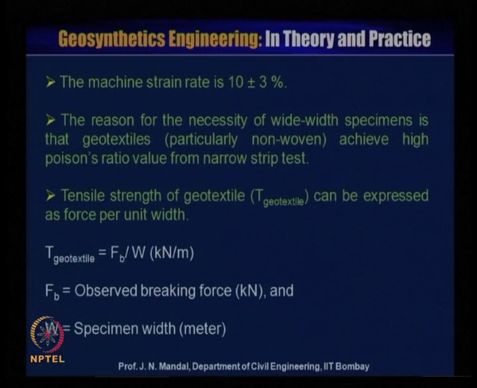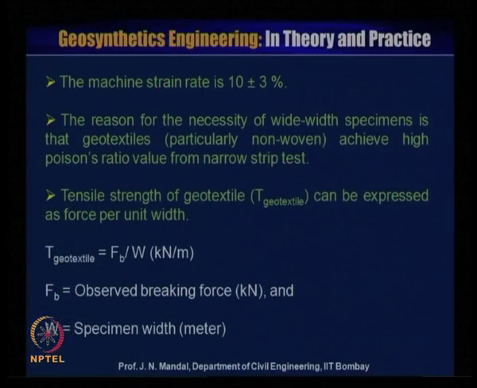The reason for the necessity of a wide width specimen is that geotextile, particularly non-woven, achieves a high Poisson's ratio value from a narrow strip test. The tensile strength of the geotextile, designated as T geotextile, can be expressed as force per unit width.